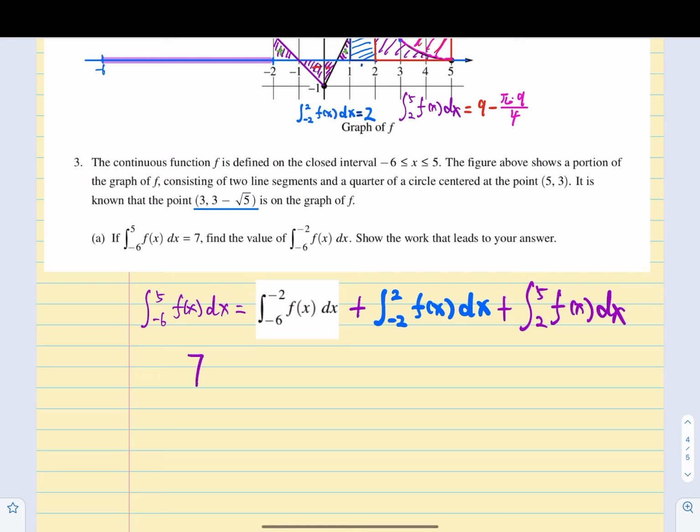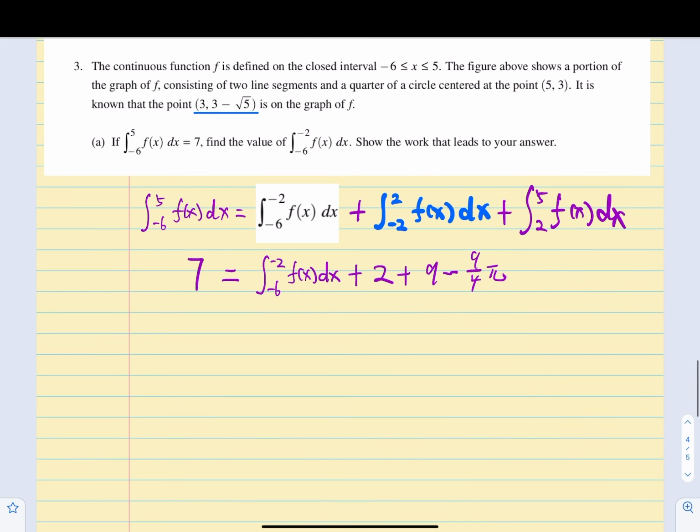So this part will equal to 7, and plus the part we want to know, the integral from negative 2 of f(x) dx, and plus the blue part is 2, and plus the right part is 9 minus 9 over 4 pi.